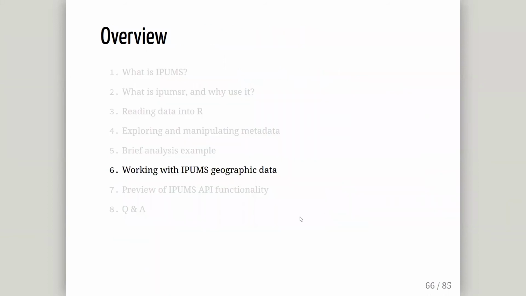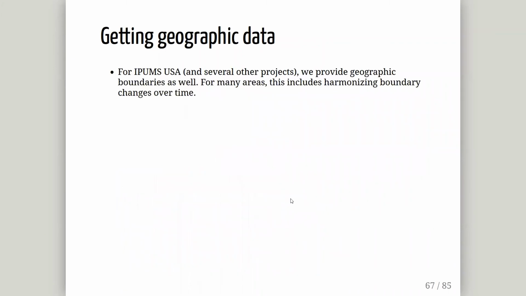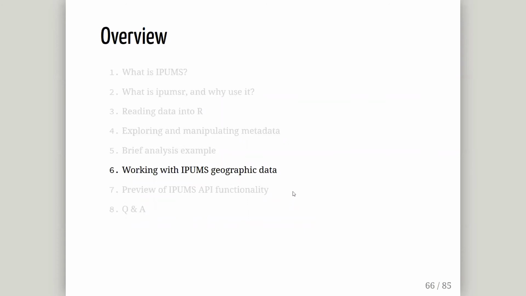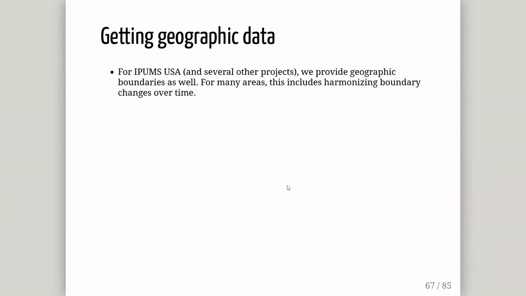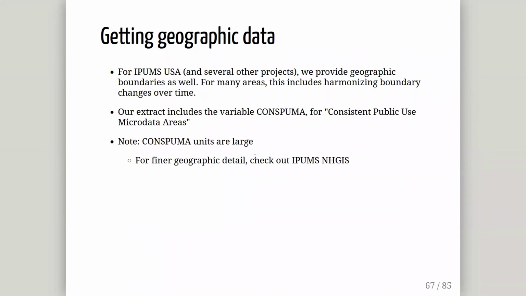Okay, we're going to go pretty briefly through the geographic data section because we're a little low on time, but there's also a vignette on working with geographic data that we'll point to. If you want to learn more, definitely check that out. We do provide geographic data with several of our microdata projects.